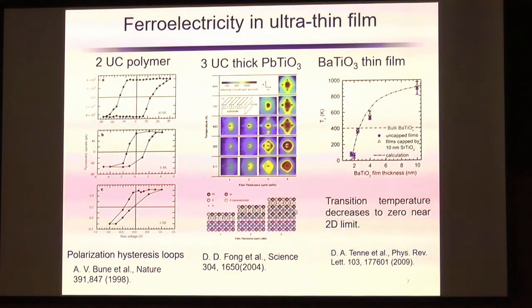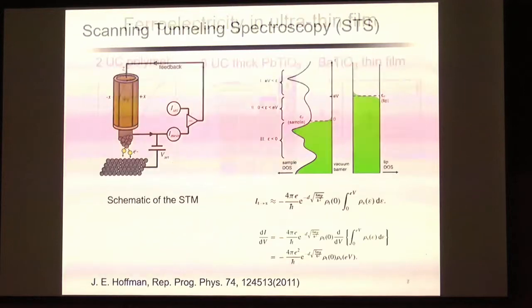But if you go to the limit, normally due to reconstructions, the transition temperature will always go to zero or very low. Normally they call it the dead layer. So it seems that if you want to go to the limit, you really have to control the interface and get very high quality thin films.